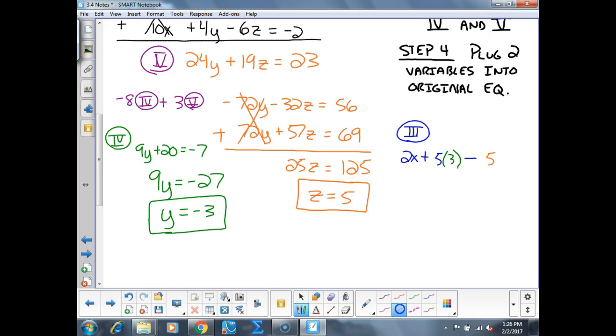No, not 25, just 5. That's going to then have to equal negative 12.